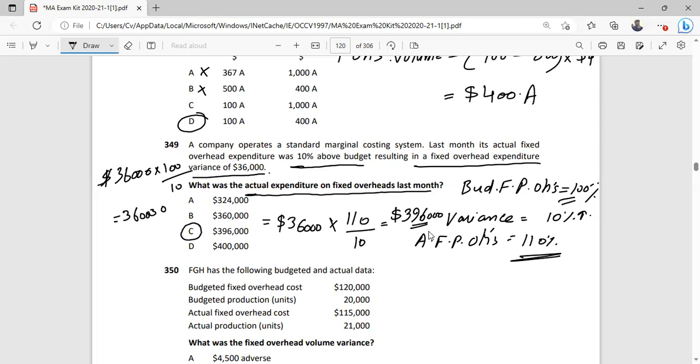And as a candidate, if you are unable to understand the question clearly, but you find a figure, and this figure is available in the options, maybe you will be very happy that you calculated the correct answer, but this one is incorrect.